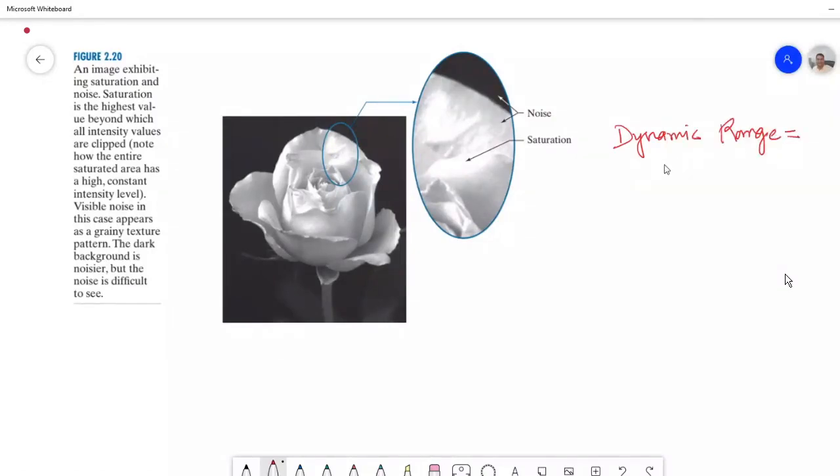You can define dynamic range as the ratio of MMI, which I have explained, to MDI. What is MMI? This is the maximum measurable intensity. And what is MDI? It is the minimum detectable intensity.